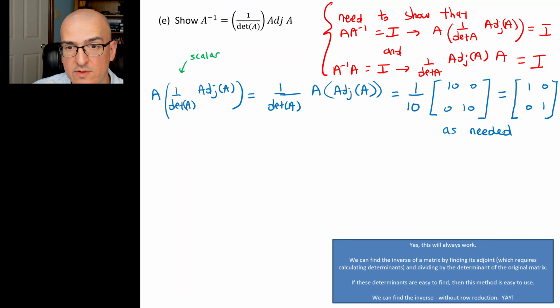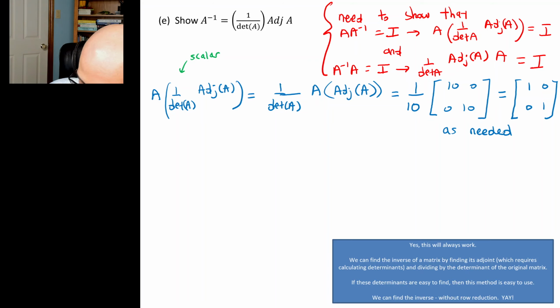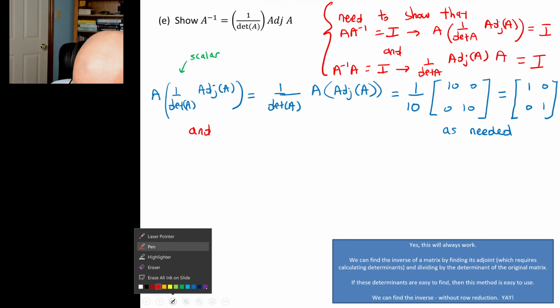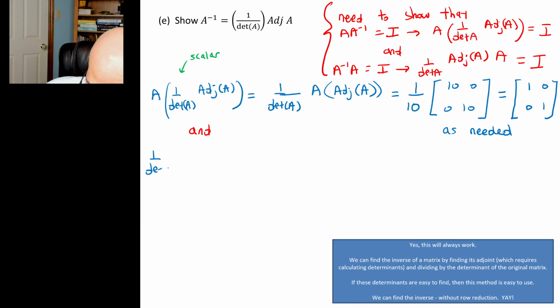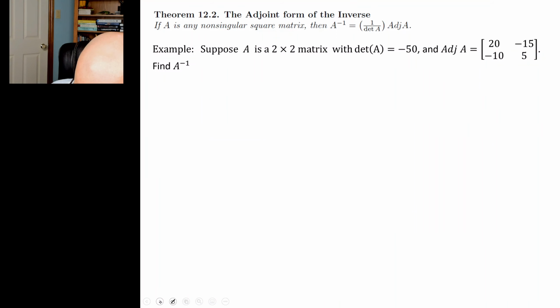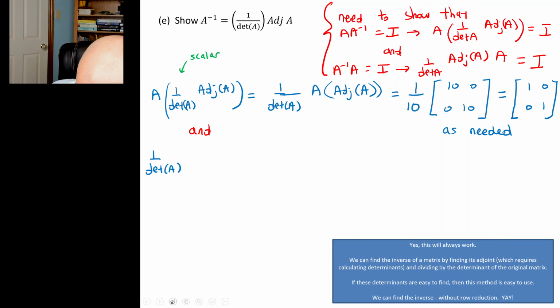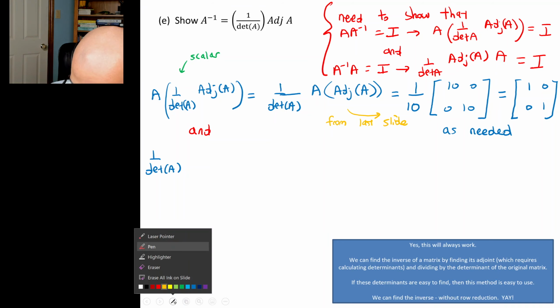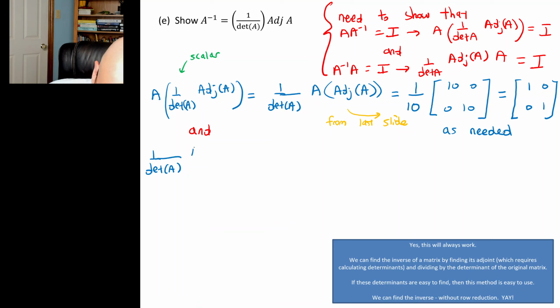Now we have to do the other order. So now we have the other one, 1 over the determinant of A times adjoint of A times A, is equal to 1 over 10.